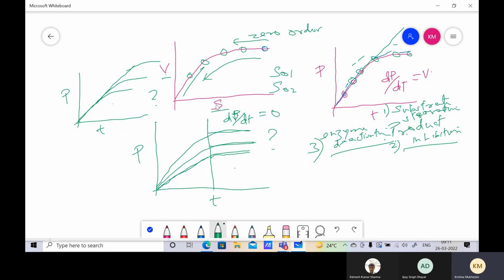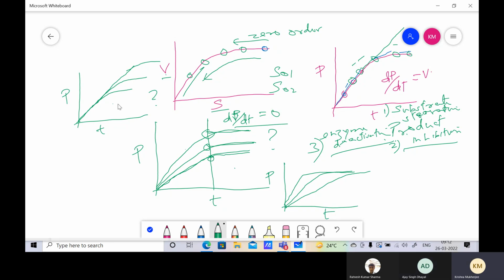So I want you to think about it and decide what is happening here. Here, the velocities go to 0 at different P values. They don't go to 0 here. For example, I could have another situation here, this is P versus T, another graph.